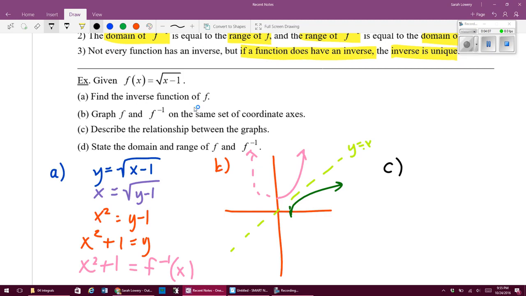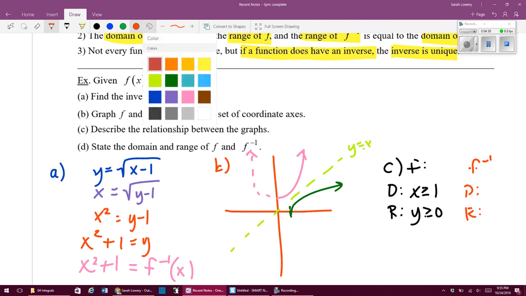Part C. My original function f had a domain of x is greater than or equal to 1 because my square root function was defined for 1 and up. Its range was defined for y is greater than or equal to 0. But when I go to write my domain and range of my inverse function, remember that their domain and their range are going to flip.